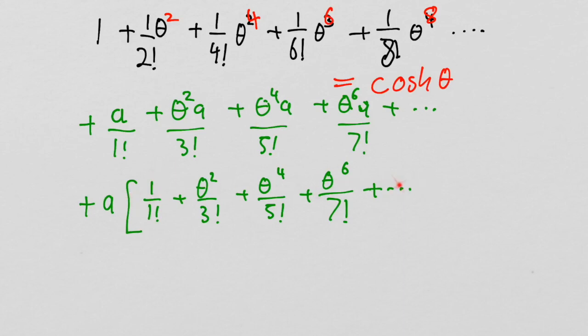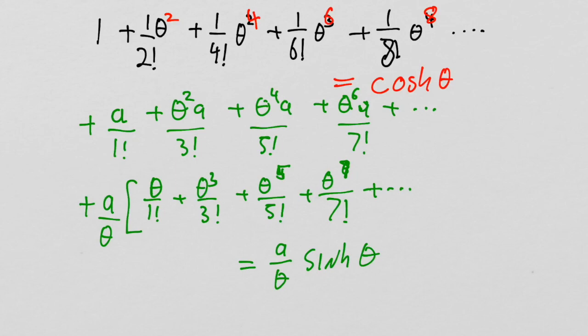However, if I multiply this whole thing by theta over theta, then this numerator theta would move inside, and so I would get a over theta, and then I would get a theta here, and now all the powers would suddenly line up, and then I would recognize this as equaling a over theta times the hyperbolic sine of theta.